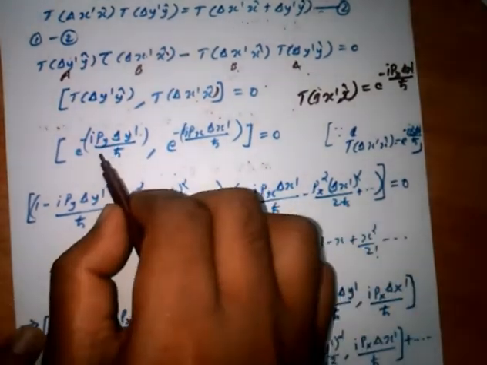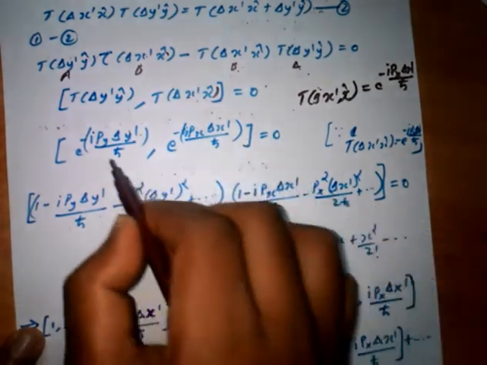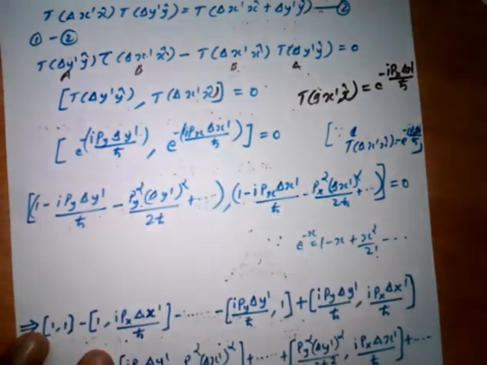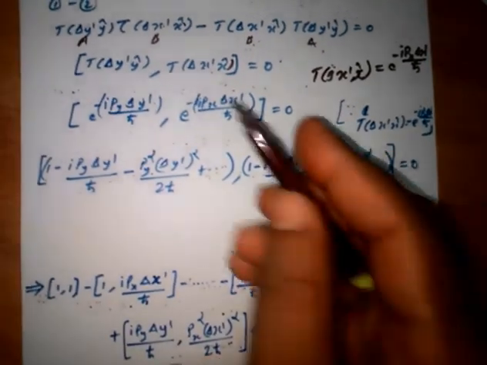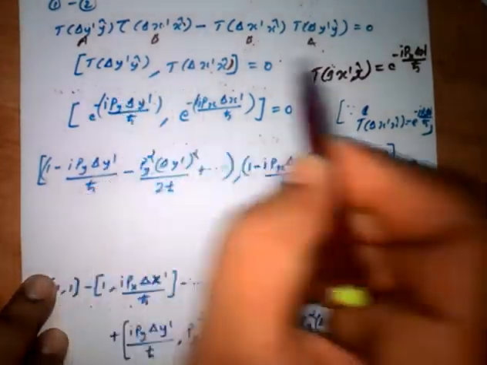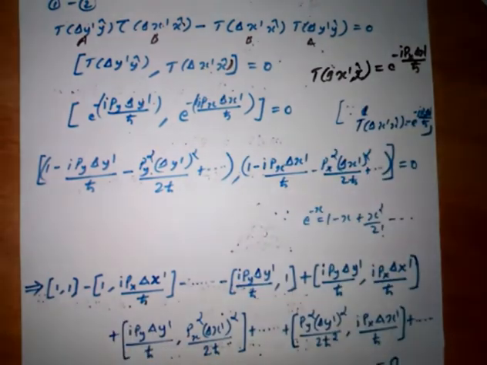We can expand this commutation bracket, each of these terms. This is in the form of e raised to minus x, and this is also in the form of e raised to minus x.